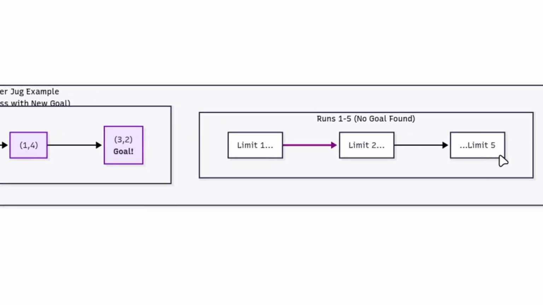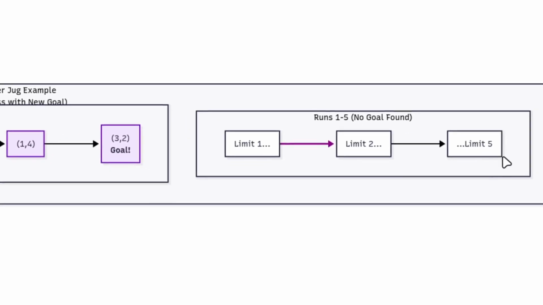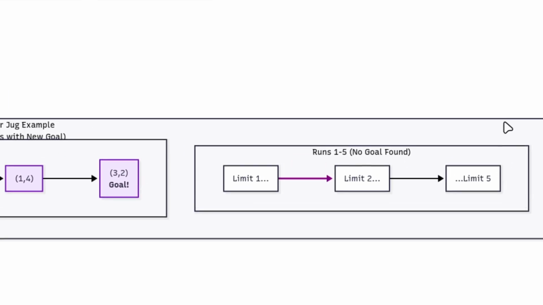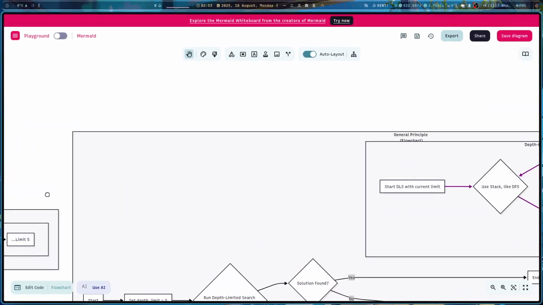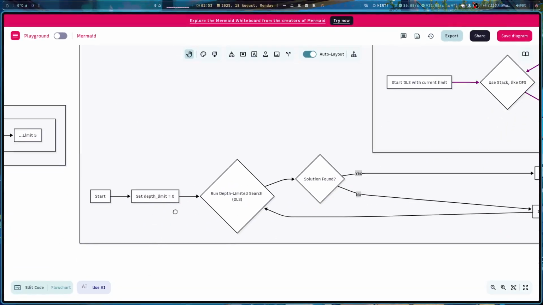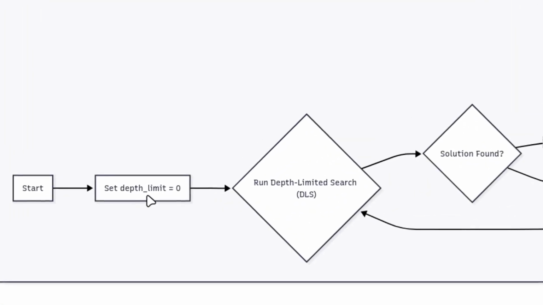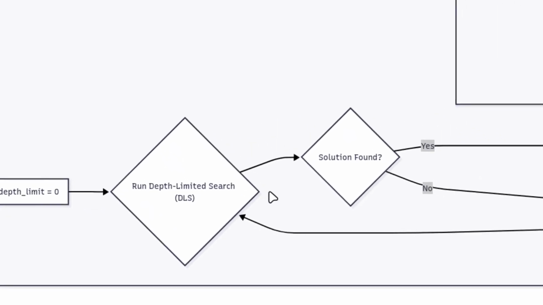That means it has already performed runs 1 to 5, but it was not able to find the solution. So how that run works: you set the depth limit to 0, which basically means a BFS. Then you run the depth limited search, or the DLS, which is a 0 level DFS, which is basically a BFS currently when everything is 0.